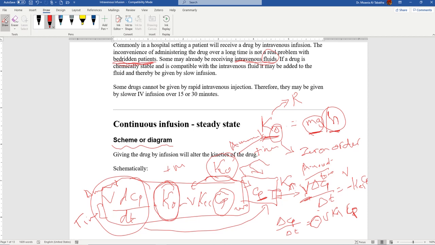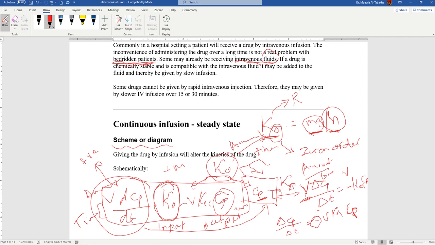Why? Because the rate of input is more than the rate of output, which is negative. So input is more than output, and the change here is positive. Good? Okay, what happens next?